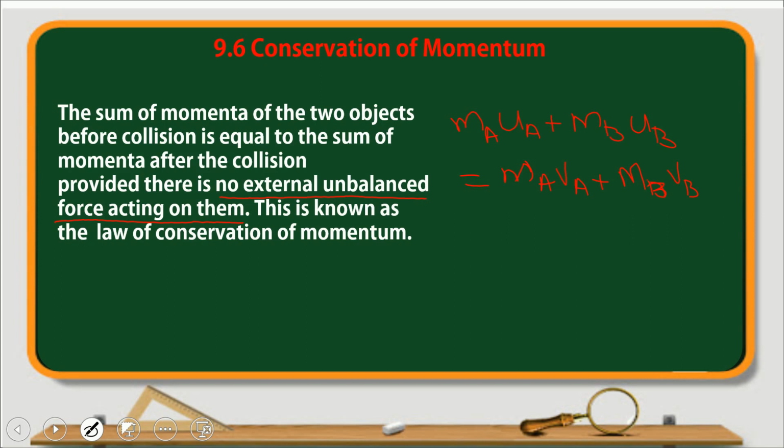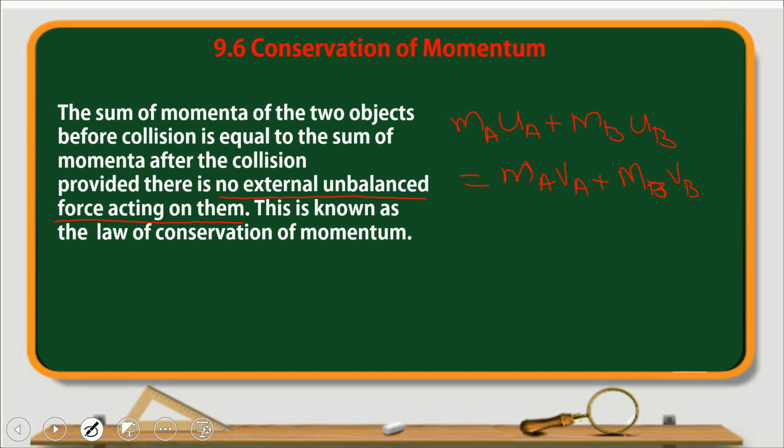So this is the law of conservation of momenta. The sum of momenta of two objects before collision is equal to the sum of momenta after the collision, provided that there is no external unbalanced force acting on them. Understand, all of you? External means, suppose, it can be wind or some other force, which must not be exerted on it.